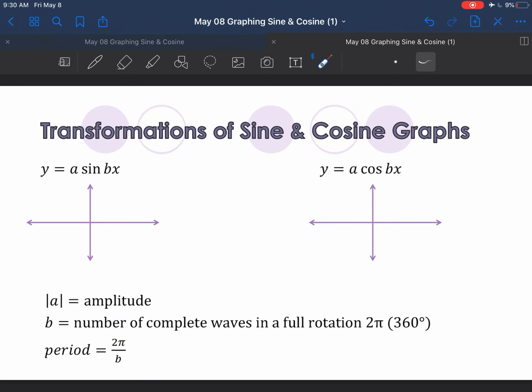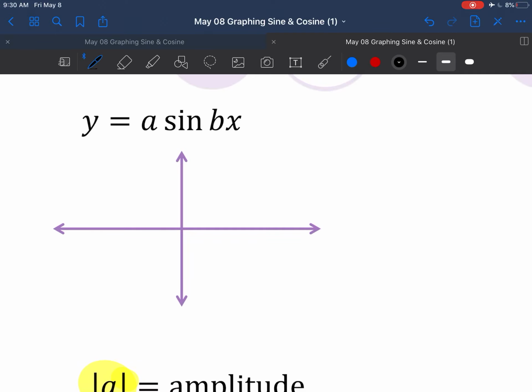Okay, so now I'm going to show you the difference between sine versus cosine. So just a couple things that I've already talked about. Your A represents your amplitude, and B is the number you plug into the formula to find the period. Here's the difference between sine and cosine, but first let me put in the marks on the graph. For all the graphs that we're going to do, we're going to put 4 marks on the x-axis on the left and the right.